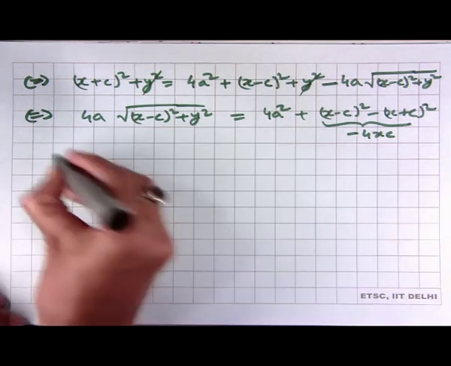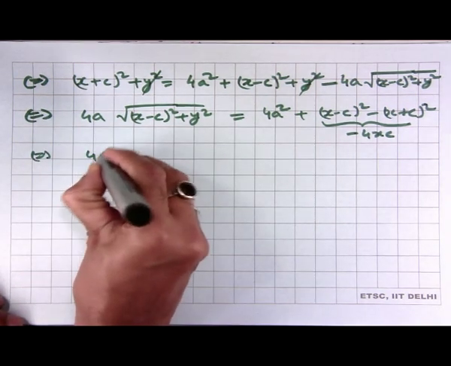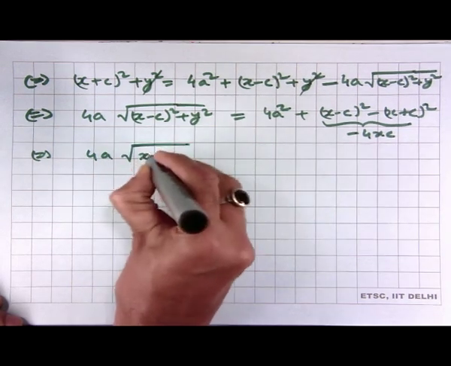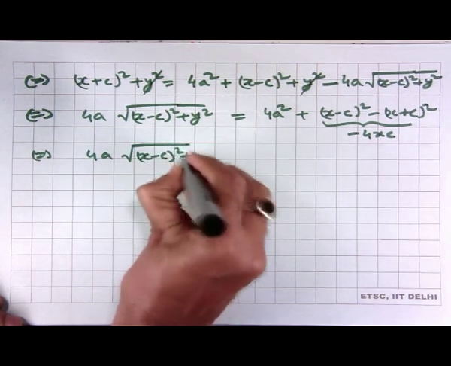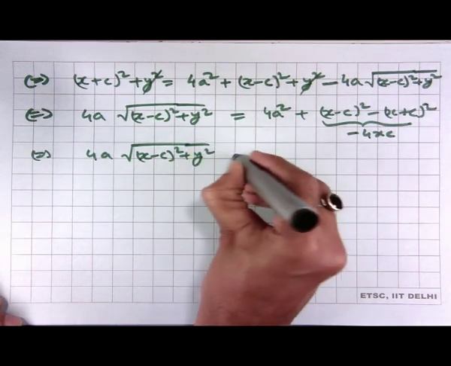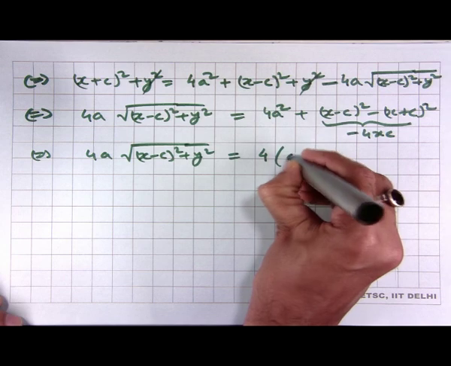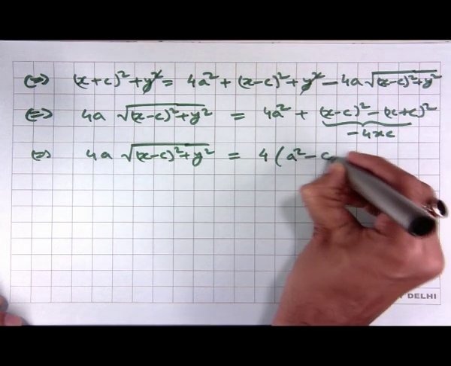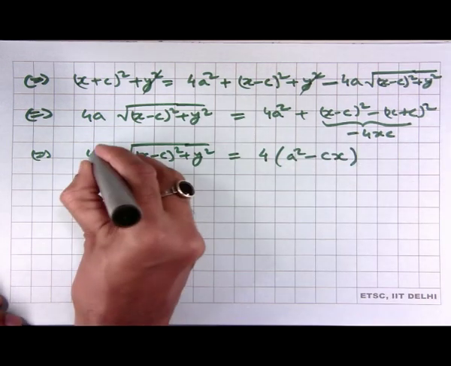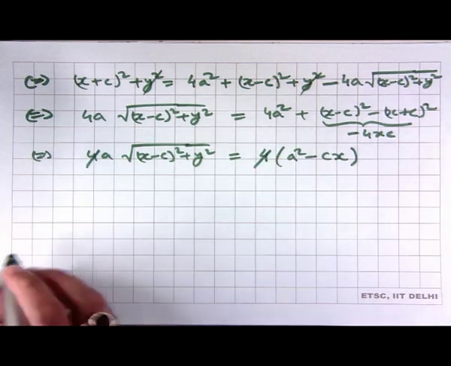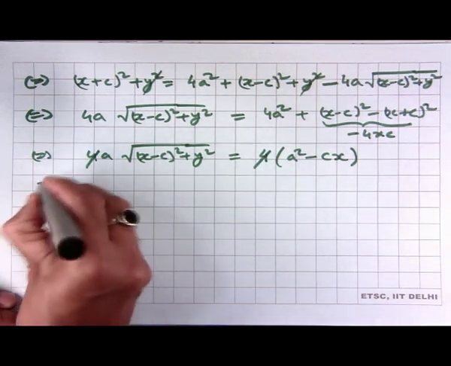So, we get 4a times square root of (x minus c) square plus y square equal to 4 times (a square minus cx). We can cancel 4 and then let us square both sides.